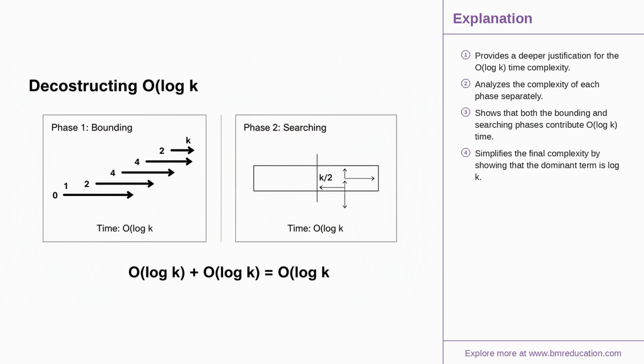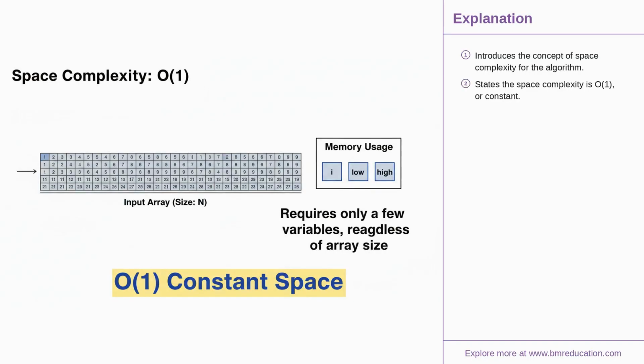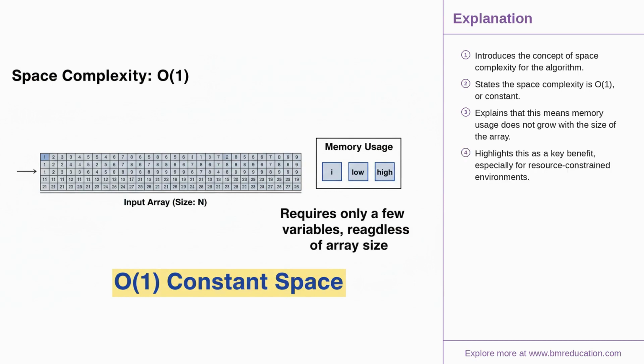Added together, the complexity remains O(log k). What about memory usage? Exponential search is very memory efficient. It operates in place, meaning it doesn't require any significant extra memory that scales with the input size. Its space complexity is O(1), or constant, which is a major advantage for massive data sets.